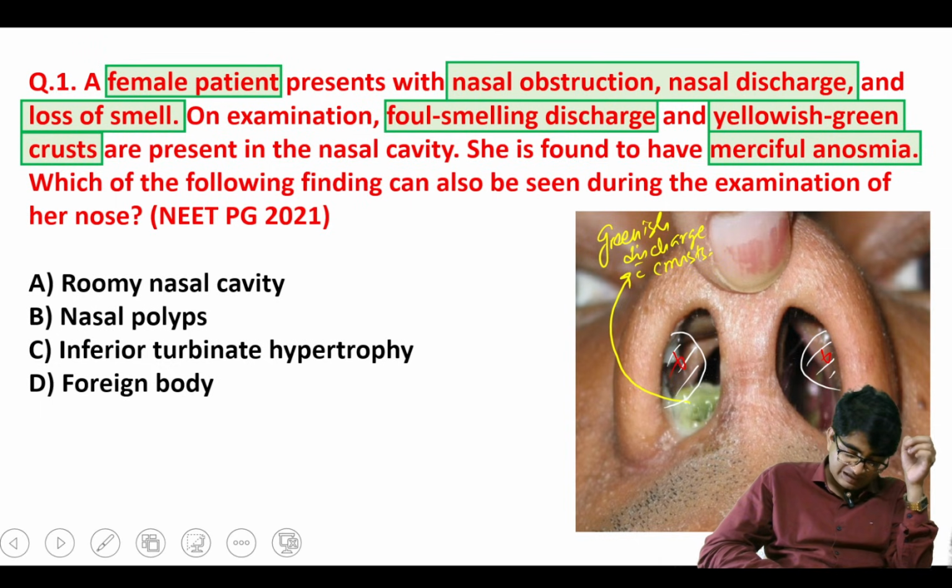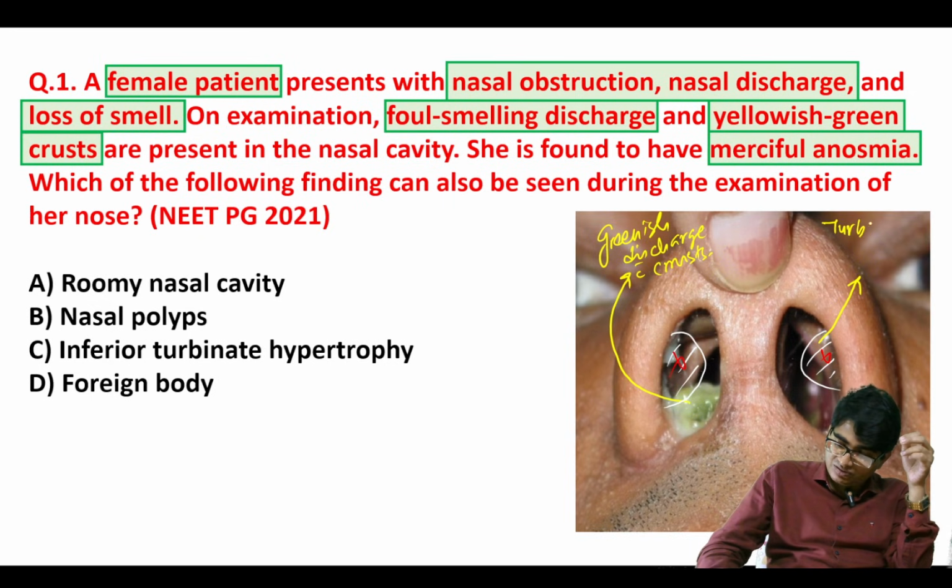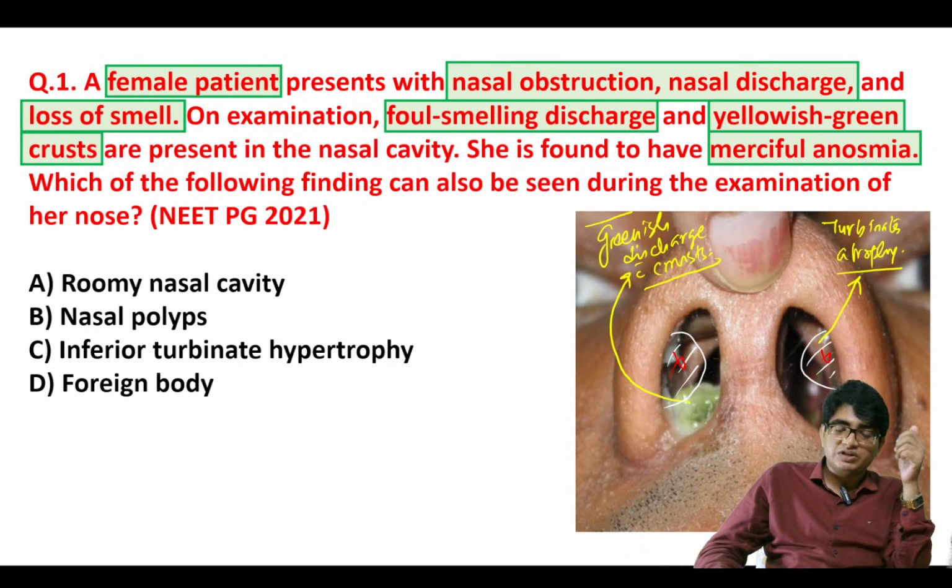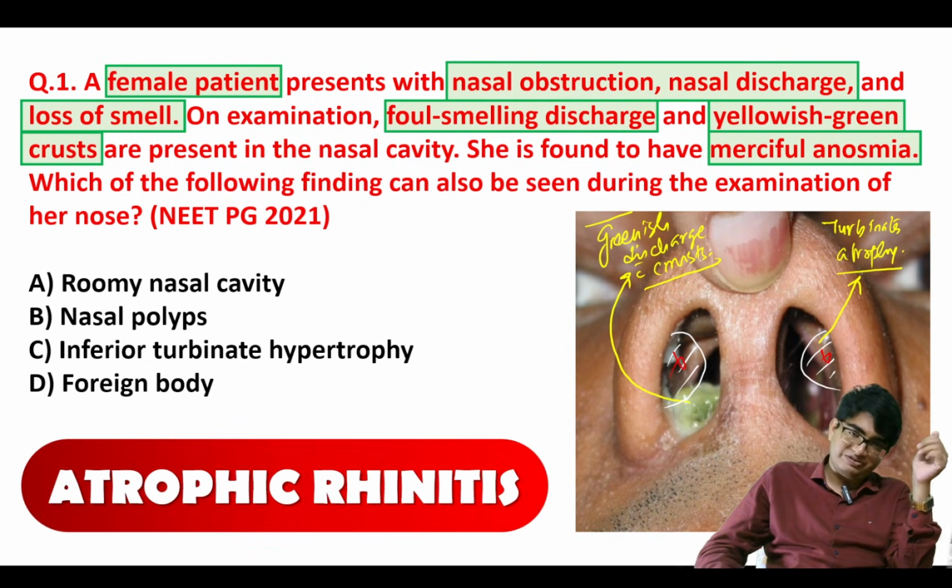So obviously something has happened to these turbinates. What has happened? Nothing but the atrophy of turbinates. So obviously today's topic of discussion or the chapter is nothing but your atrophic rhinitis.